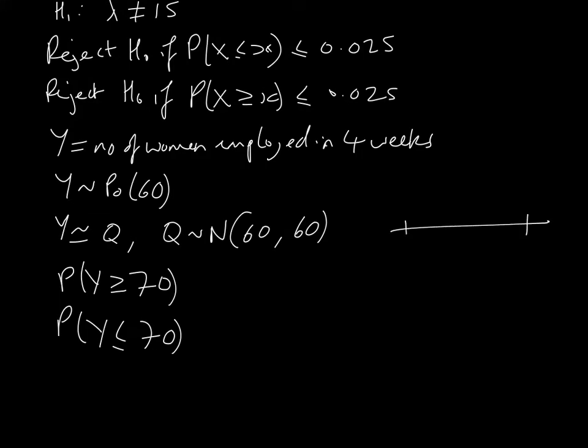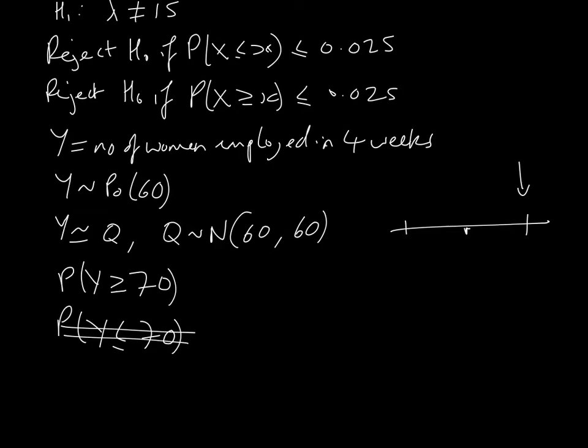So those are our two tails. The mean is obviously in the middle there. 70 is going to be more towards this side, so we're going to be testing the upper tail of the data. So we're not going to be using this one, because we will find that it's not less than or equal to 0.025.